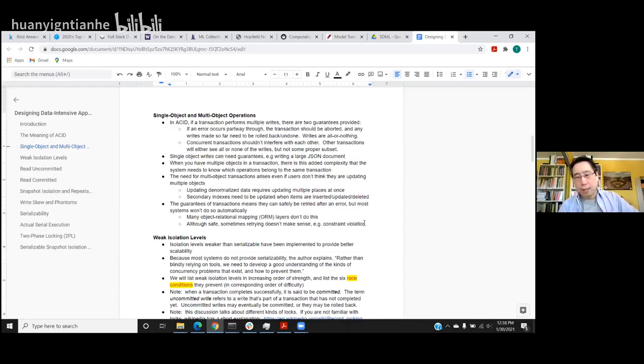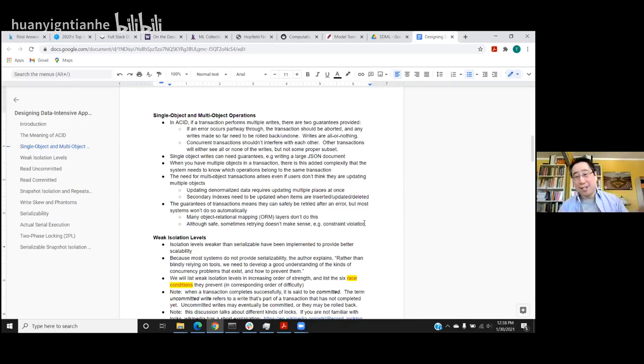If you define a car as a class, then you may have a table for the engine, the body, the wheels, the whatnot. And so you're having to write to multiple tables.